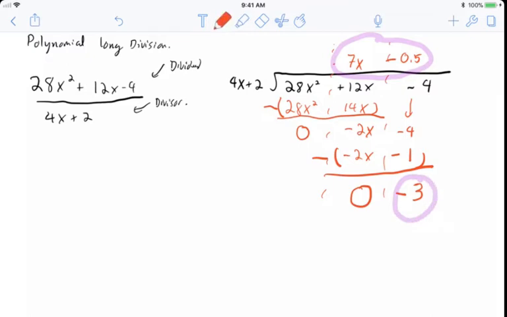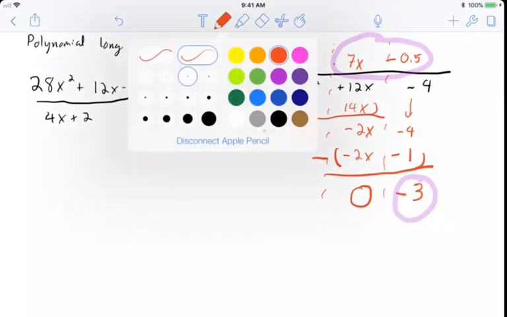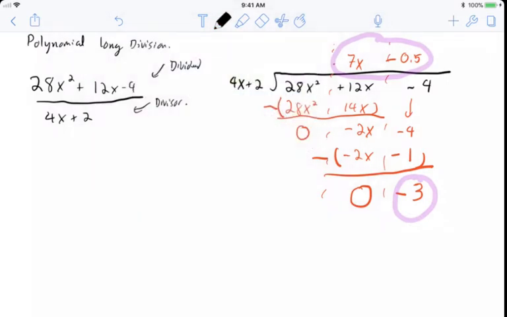But the idea here is that after you've done this, the relationship dividend is equal to divisor times quotient plus remainder should still be true. That's how this algorithm works.